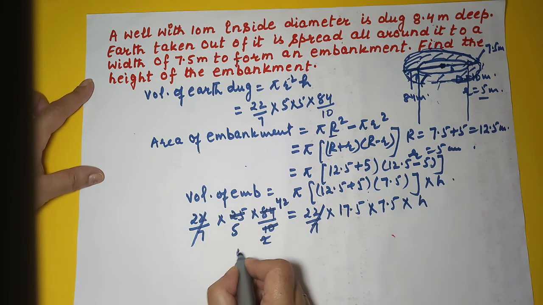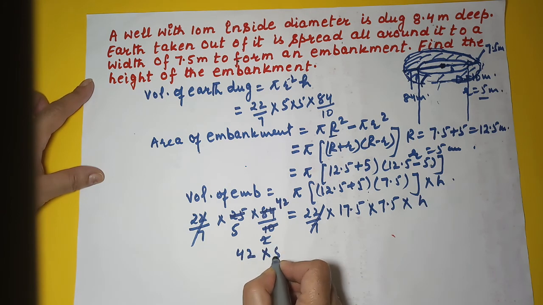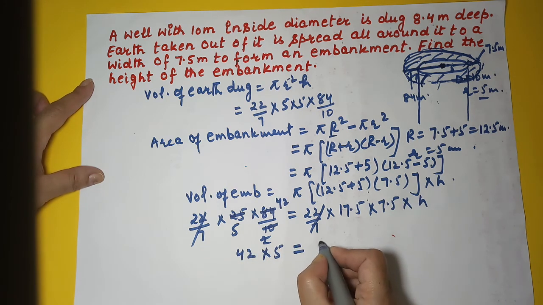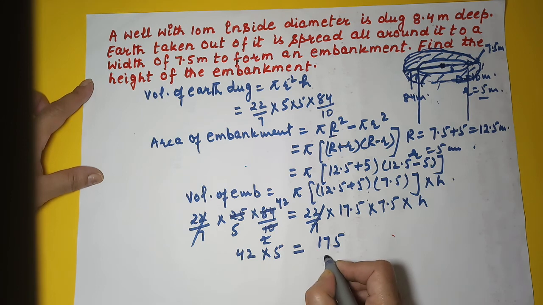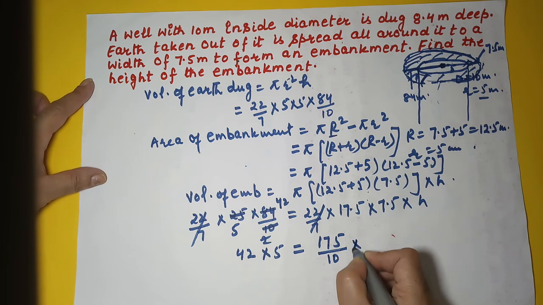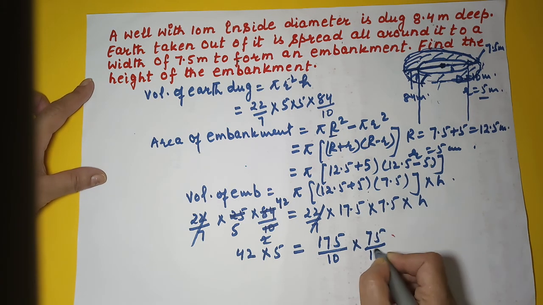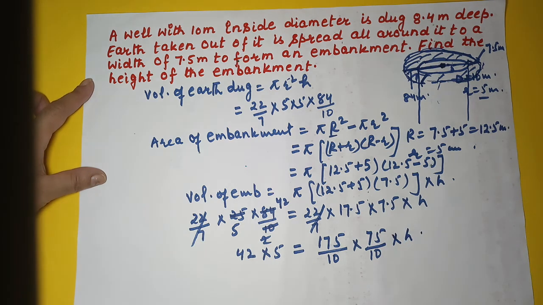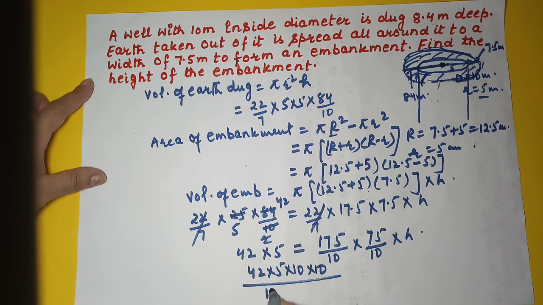So we have 42 into 5 equals 175 upon 10 into 75 upon 10 into h. So let's cross multiply. I will get 42 into 5 into 10 into 10 divided by 175 into 75, which is equal to my h.